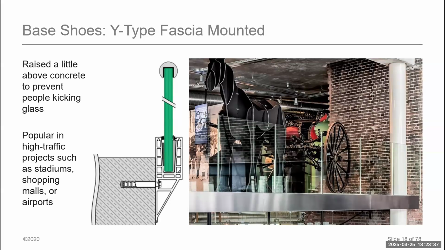The other thing to understand from a loading perspective, when we are talking about design loading engineering of a top mount versus a fascia mount system, is that a fascia mount system will have slightly better design resistance values than a top mount system.